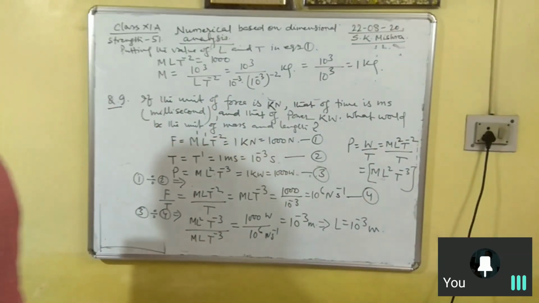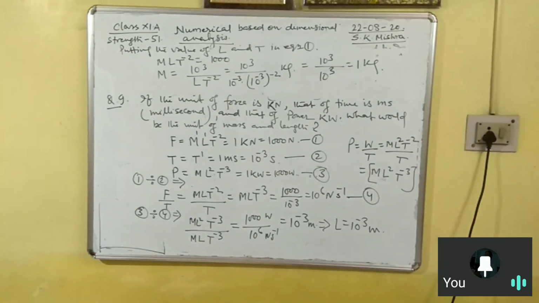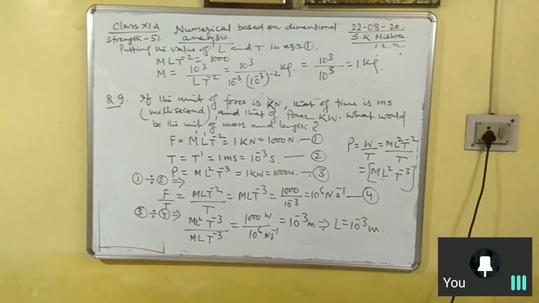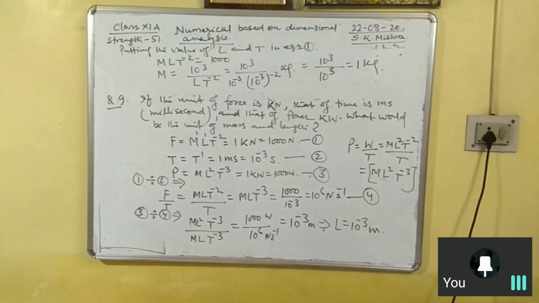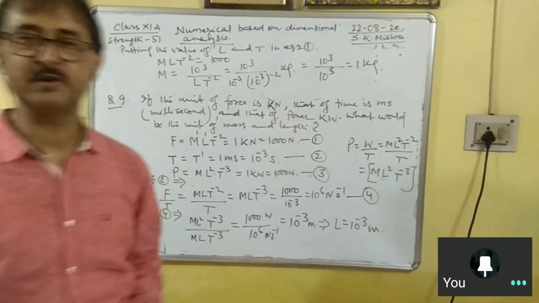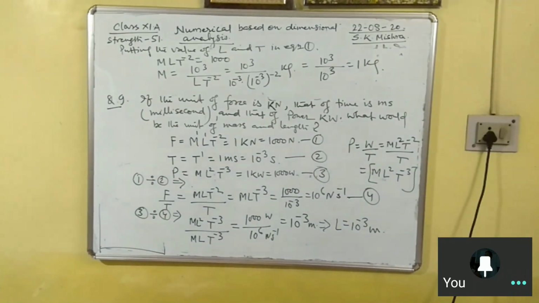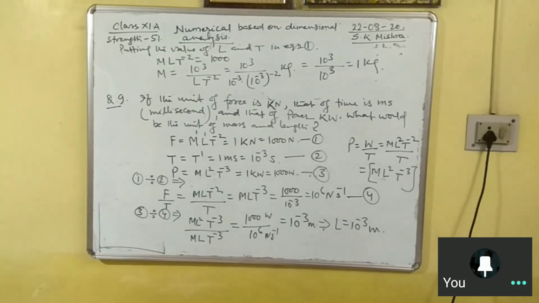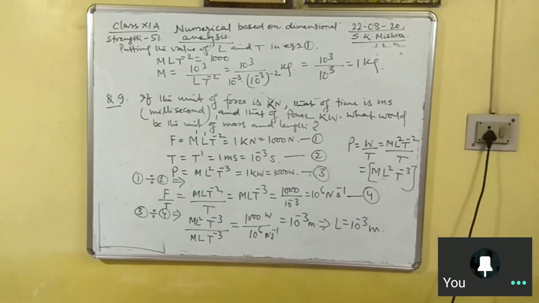So M comes to be 1 kg. This way you can find the value of M and the value of L. T is already given, that is 1 millisecond, that is 10 raised to minus 3 second, so we need not find T. Okay, so this question is an interesting one.